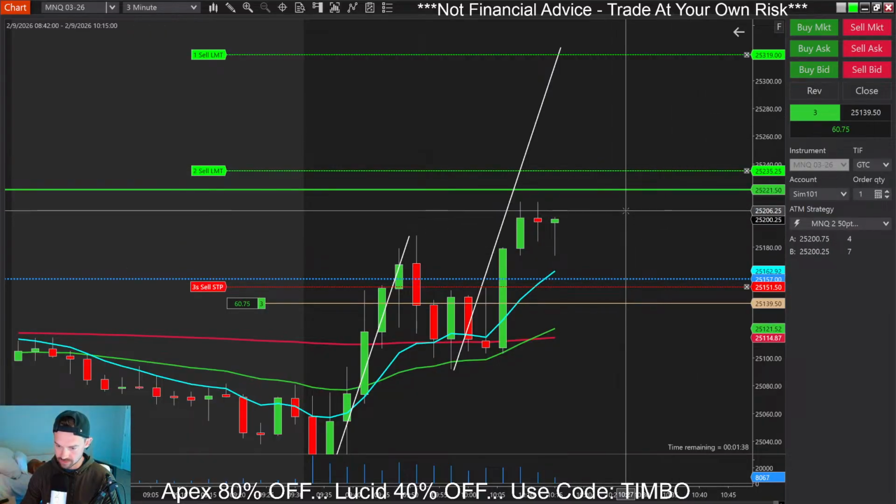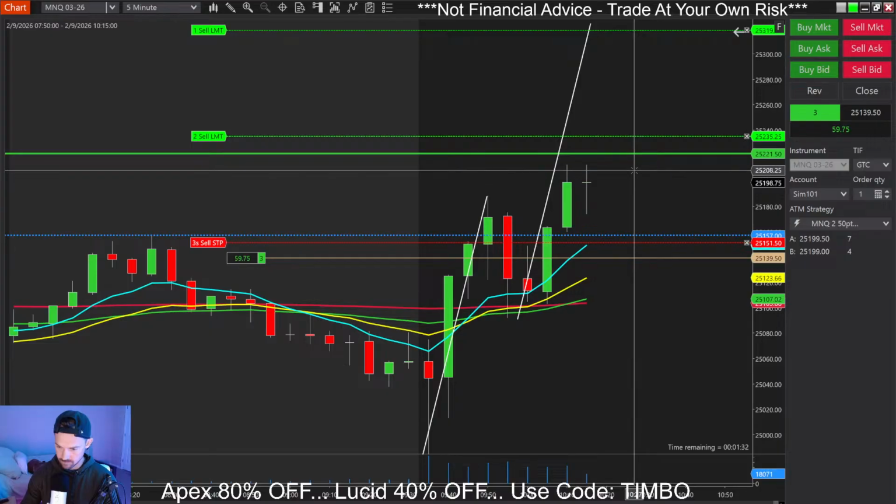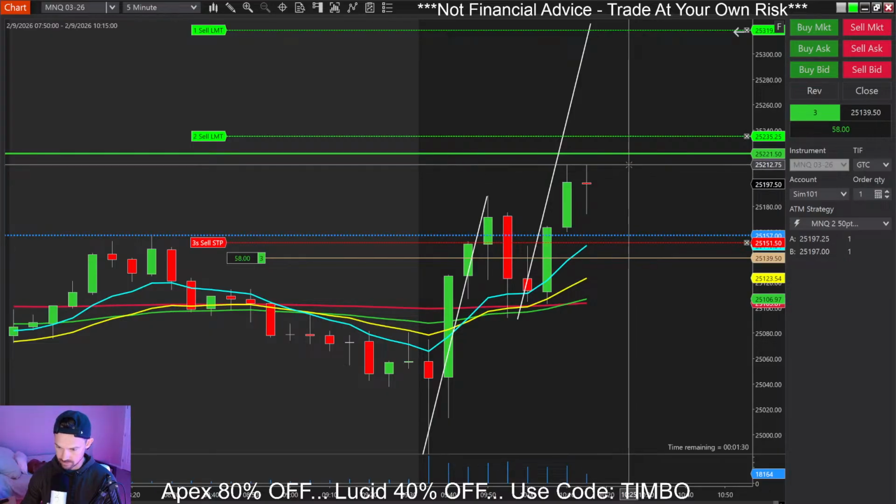Trying to flip this. See if we can make that new high here over like 1 or 212, 213 area.